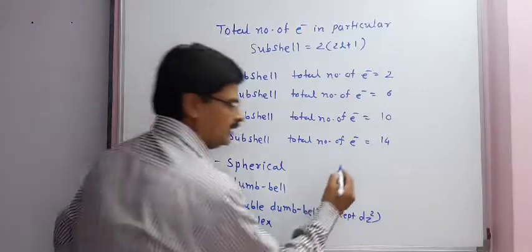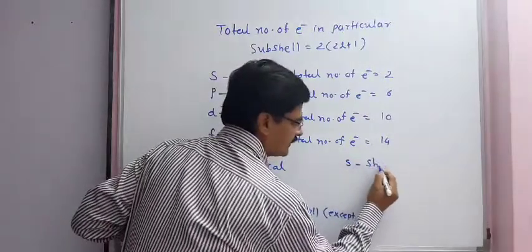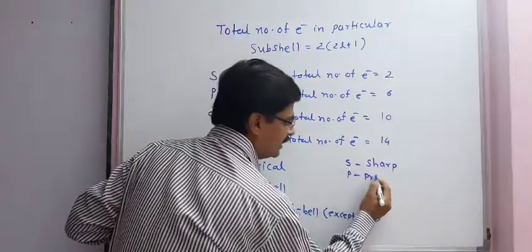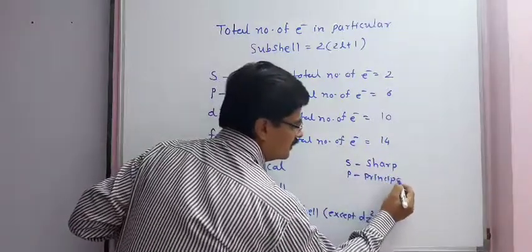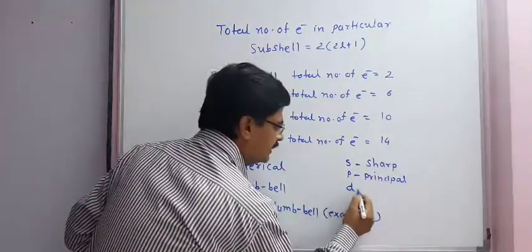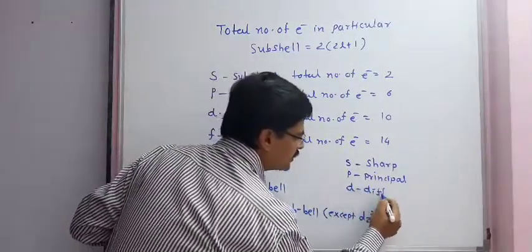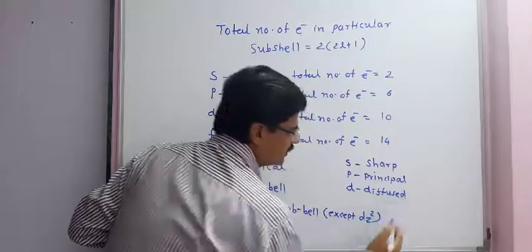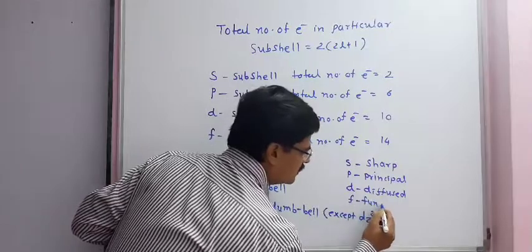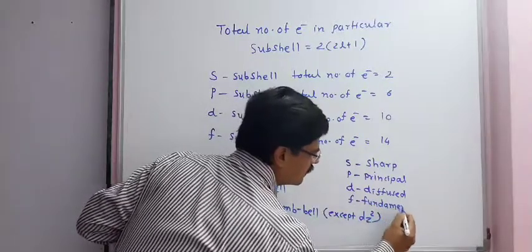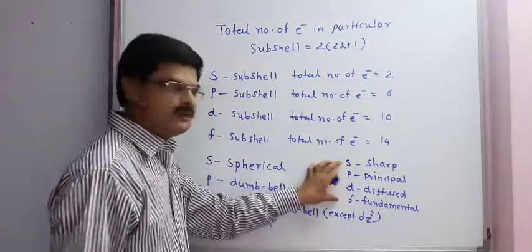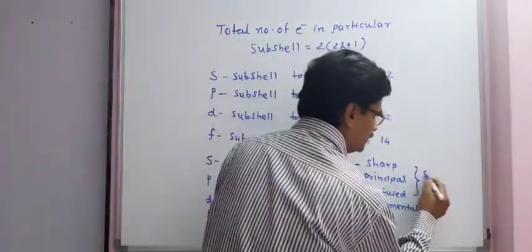Also we have to remember that s is sharp, p is principal, d is diffused, and f is fundamental. This terminology was utilized for the spectral lines previously.